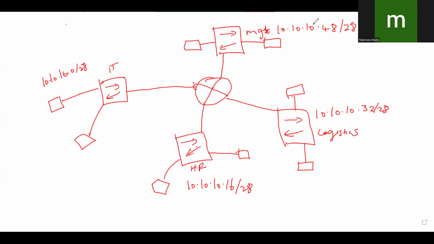You take one IP from the management network and assign it to this interface. If you take one IP from here and assign it to this interface, it will recognize the logistics network. And then you take one IP from HR and assign it to this interface, it will recognize the HR network. That way the router understands, okay, right now I am connected to and managing 4 networks, so I know where each of the networks is located.